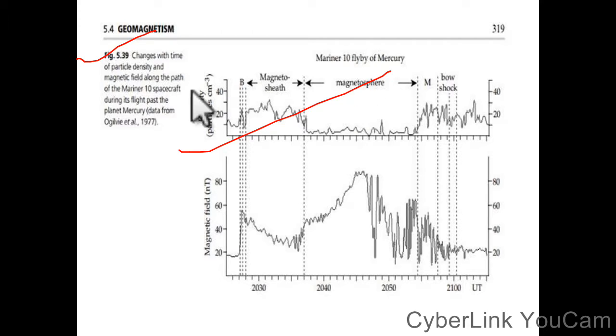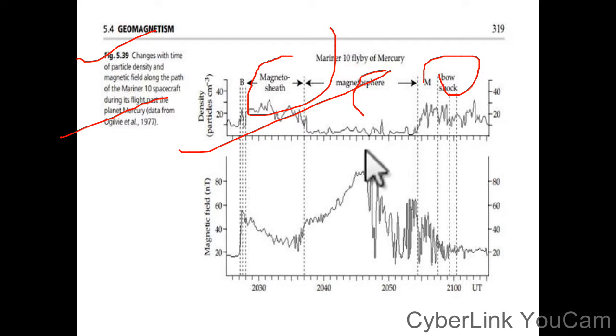This diagram shows the change over time of particle density and magnetic field along the path of the spacecraft during its flyby of the planet Mercury. Mercury magnetosphere, bow shock, magnetic fields in nT, density of particles.